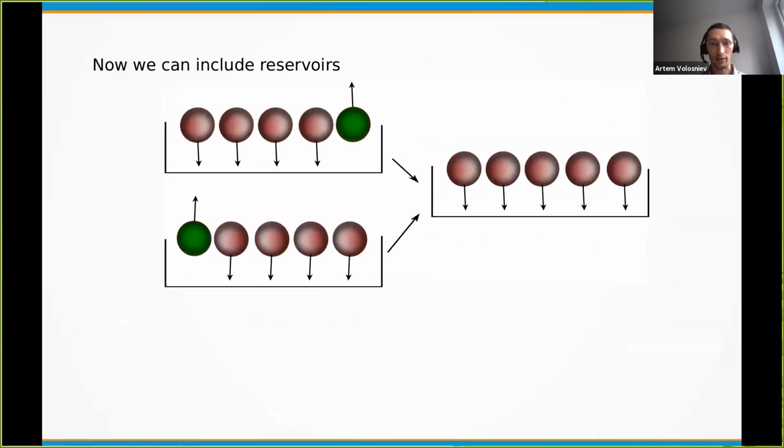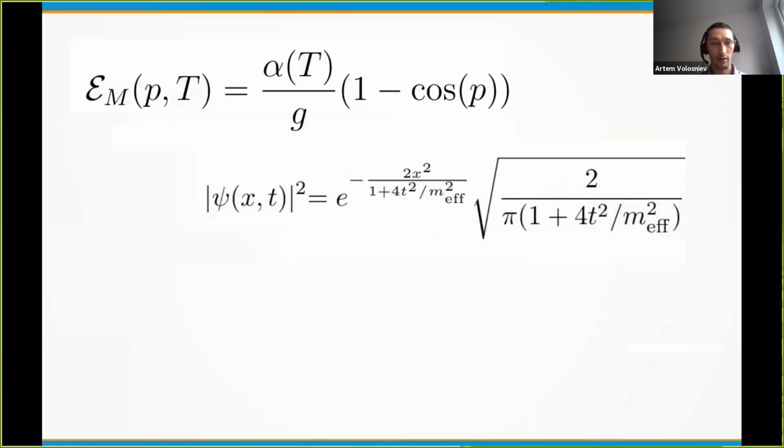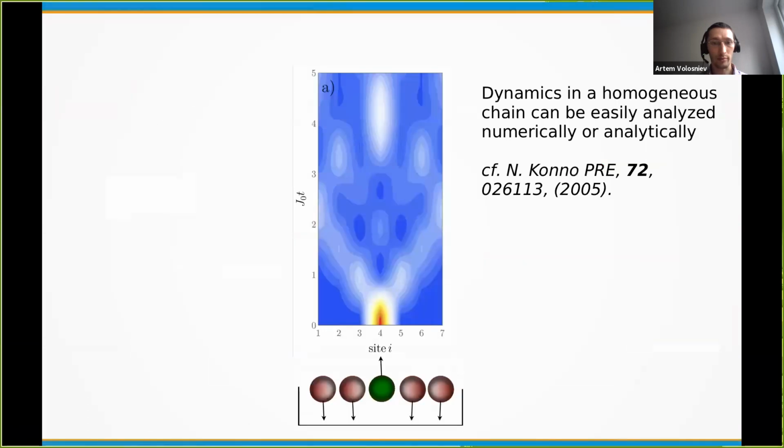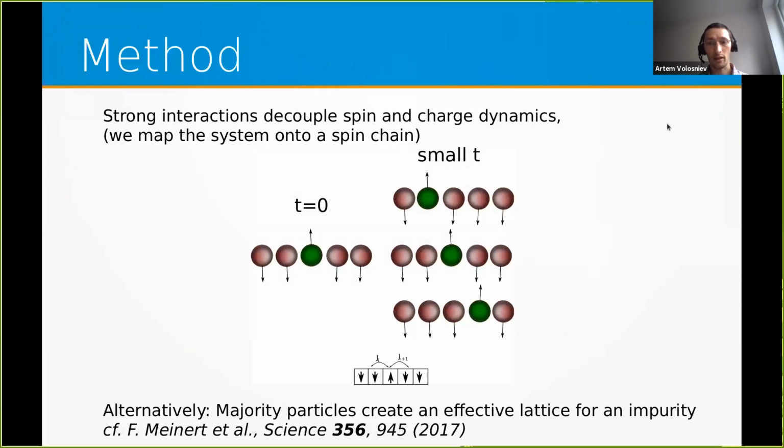Yeah, so I will probably go to the very beginning, so here. The question is about the particle moves, and then we map it onto a spin chain, and basically we lose all information about the spatial movement.